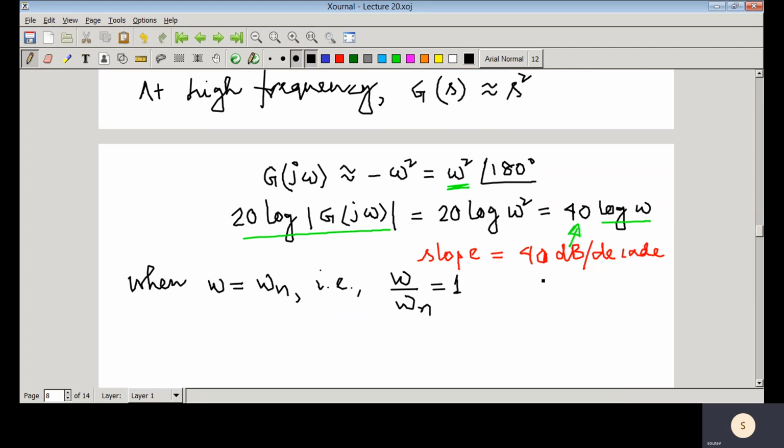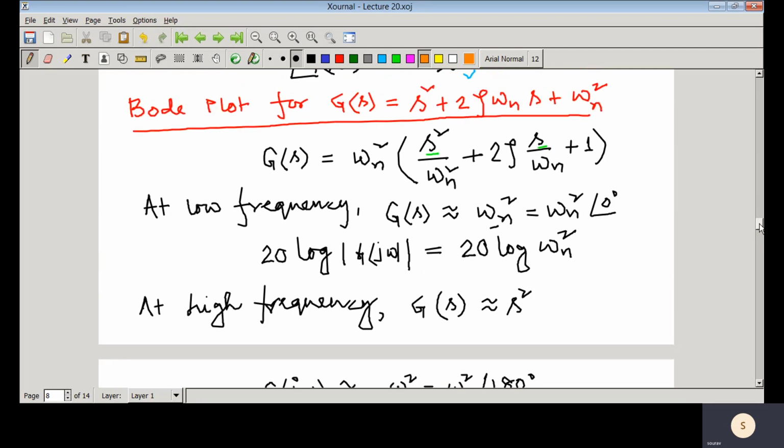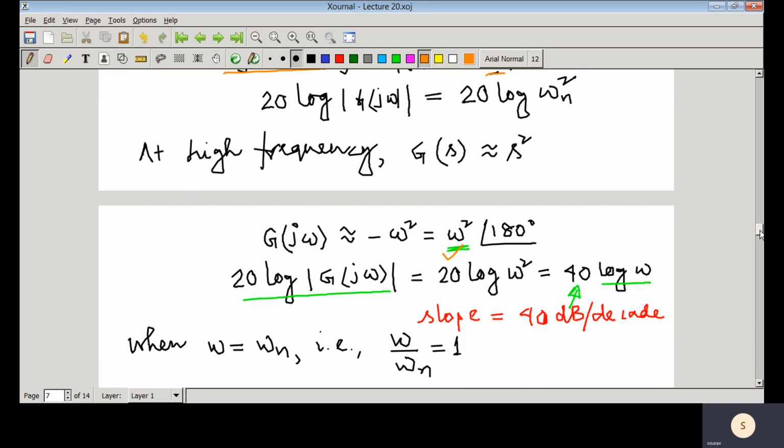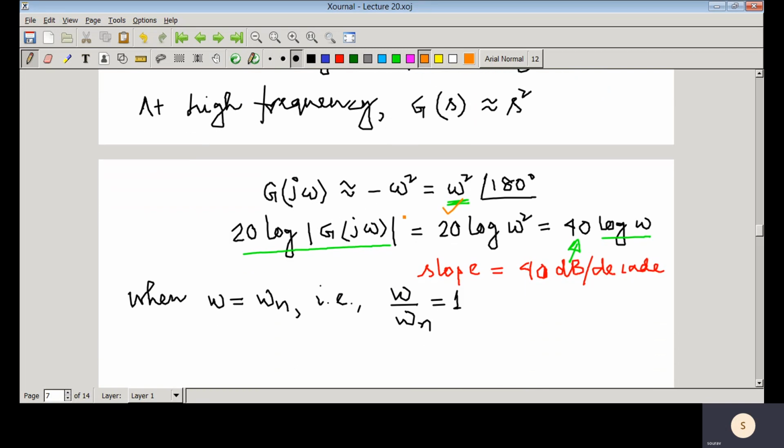So low and high frequency, so this is that high frequency one, that would be omega n square. And in this case also we can see in the low frequency, G(s) equal to omega n square. So that means when omega equal to omega n, then the high frequency asymptote and low frequency asymptote are same.